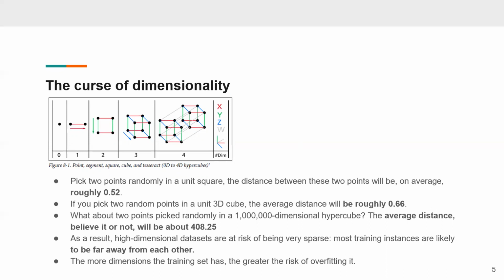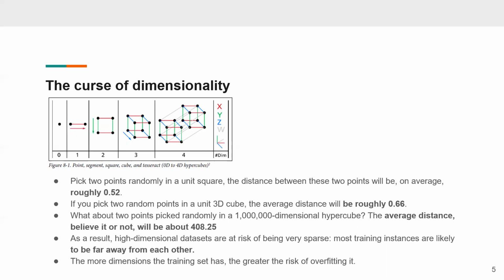If you pick 2 points in a 3D cube, the average distance would be roughly 0.66. How about a 1 million dimensional space? The average distance will be roughly 408.25.